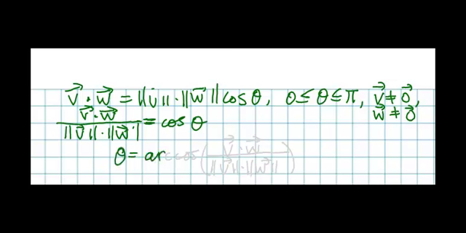We take arc cosine on both sides. We can do that and get theta directly because theta is in between 0 and pi, including the endpoints. Then we have theta equals arc cosine of vector v dot vector w divided by the magnitude of vector v times the magnitude of vector w.